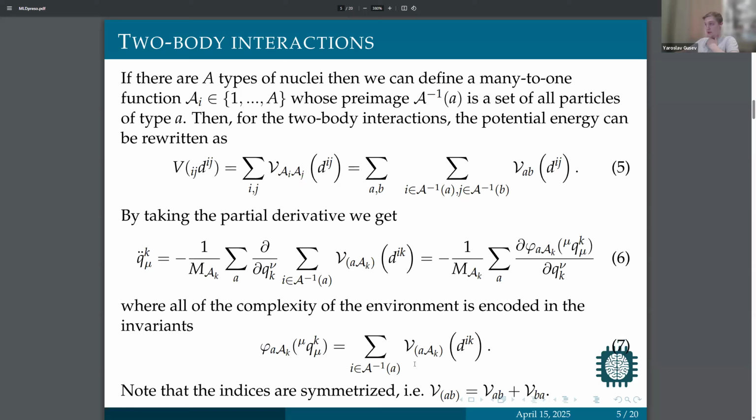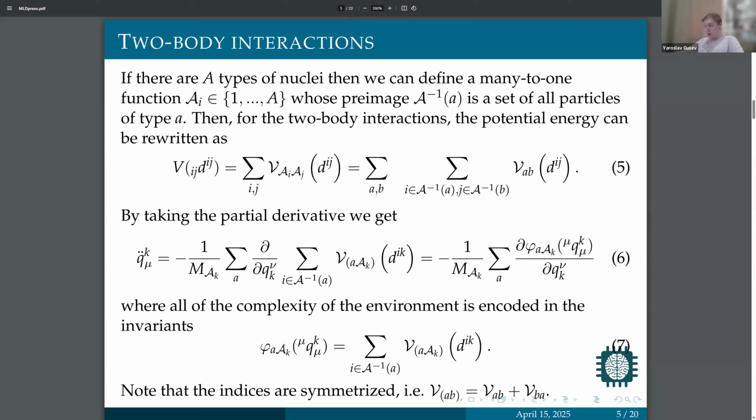So phi is an invariant that encodes the interaction of a particle k with all particles of type A, small a here. And so the force that is acting on a particle k is represented as a sum over interactions with other, different types of particles.